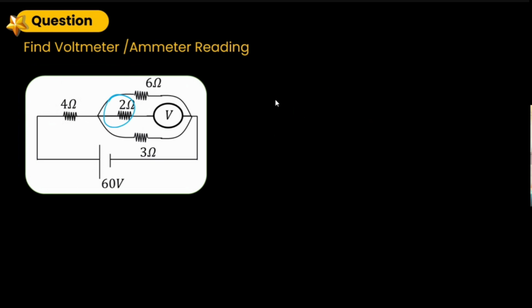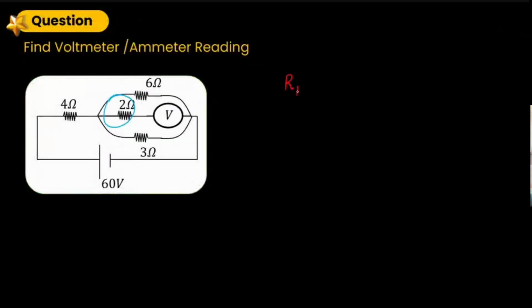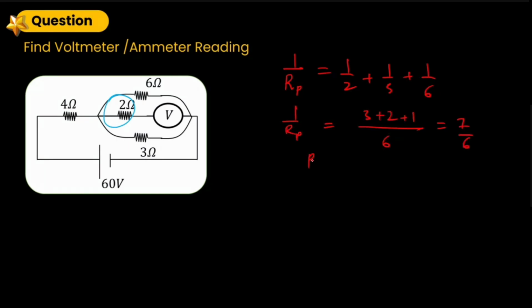So you have to use 1 over R1 plus 1 over R2 plus 1 over R3. So RP is going to be 1 by 2 plus 1 by 3 plus 1 by 6. So RP is going to be 6 as a denominator, 3 plus 2 plus 1, that is 6 by 6... so RP is 6 by 7 ohms.